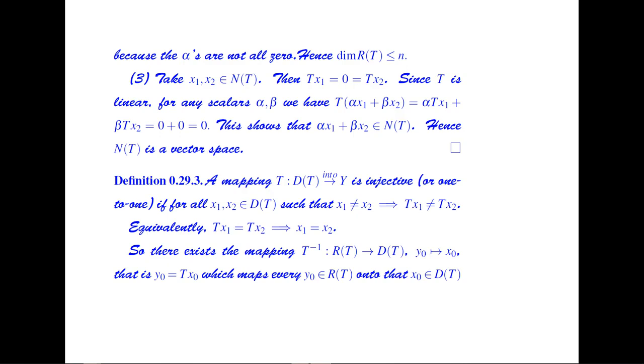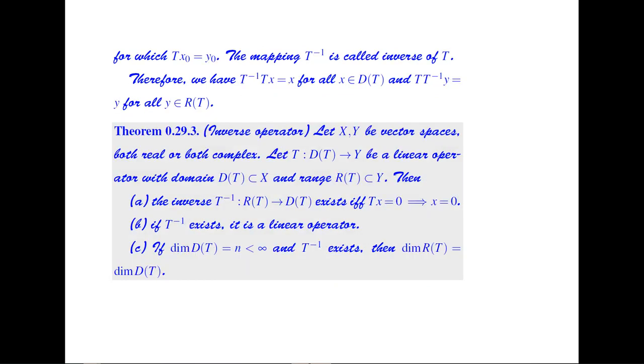So there exists a mapping T inverse from the range space of T to the domain space of T, defined as y0 maps to x0, that is y0 is equal to T of x0, which maps every y0 in the range space of T onto the x0 which belongs to the domain space of T, for which T of x0 is equal to y0. So the mapping T inverse is called the inverse of T. Therefore we have T inverse of T x is equal to x for all x belonging to the domain of T, and T of T inverse of y is equal to y for all y belonging to the range space of T.